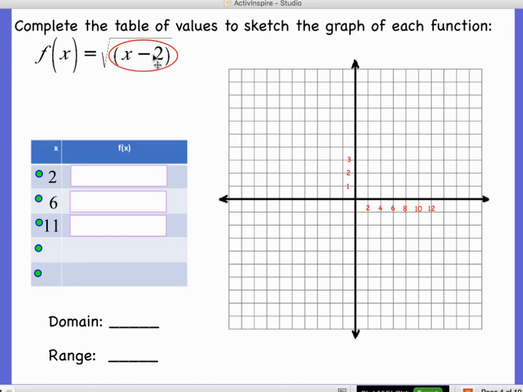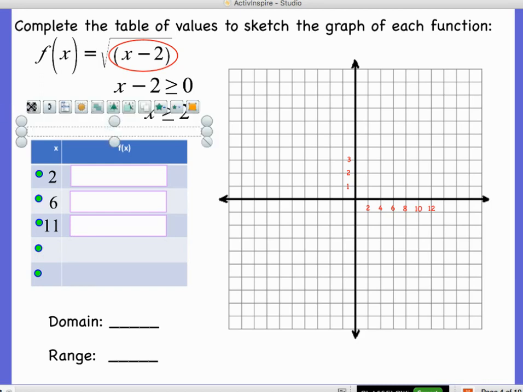So our radicand needs to be greater than or equal to 0. So let's take a look. We're going to say x minus 2 has to be greater or equal to 0. That means that x has to be greater or equal to 2. So that's our first restriction on the domain.